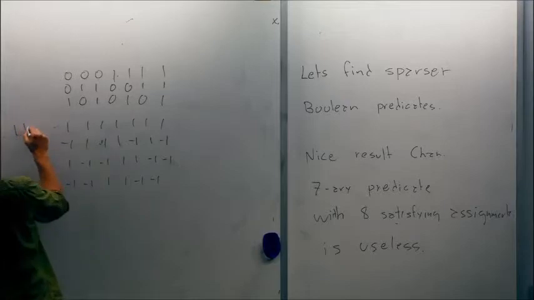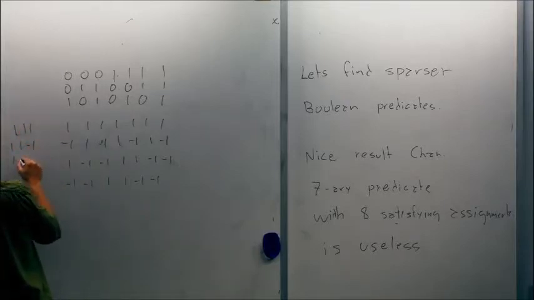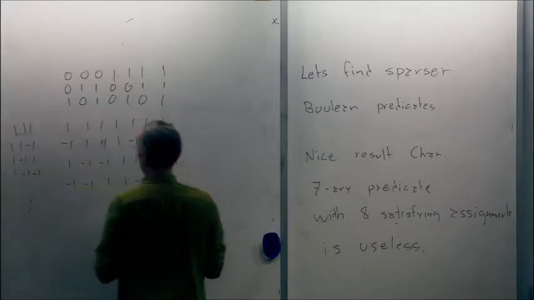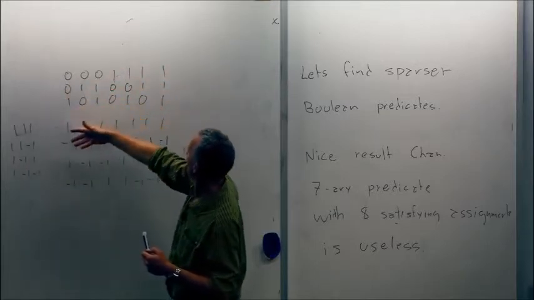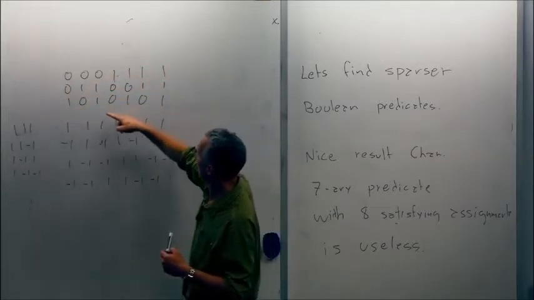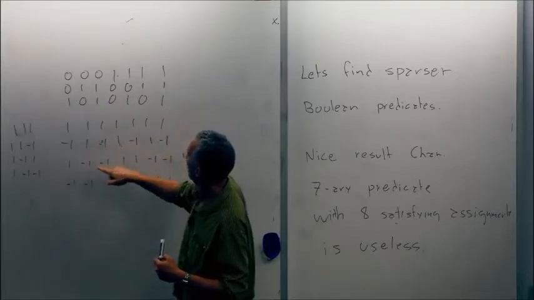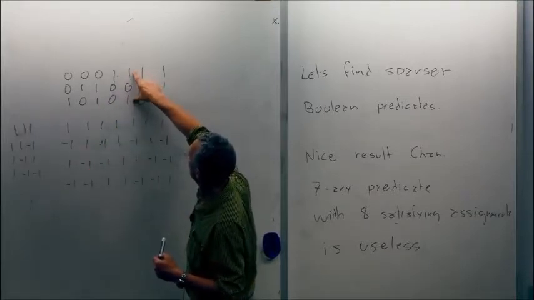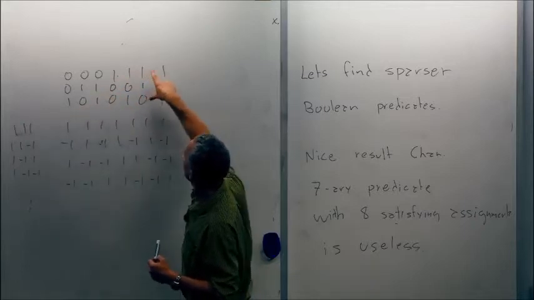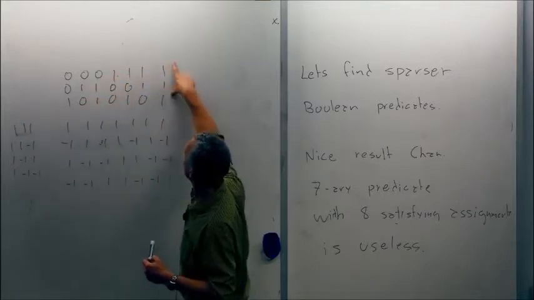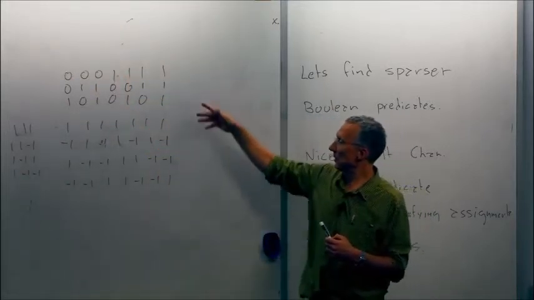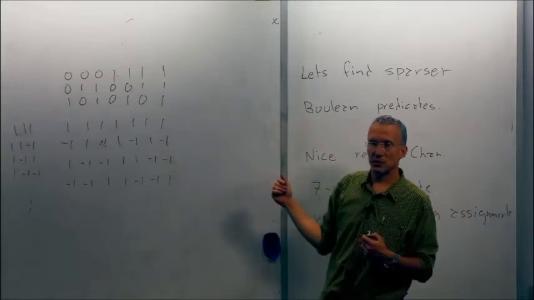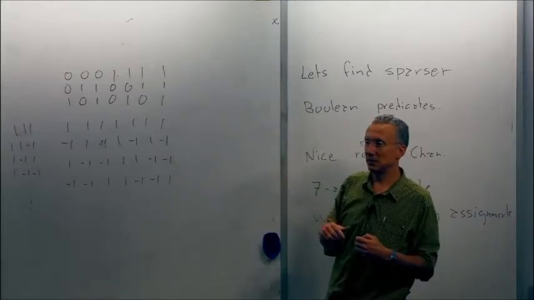This corresponds to 1, 1, 1, this corresponds to 1, minus 1, 1. These are the code words corresponding to inputs, these are the linear functions, and these are the evaluations. So this coordinate is always the XOR of these two coordinates. That's a new fresh bit, but then this is the XOR of this and this. This is the XOR of this and this and this, and this is the XOR of these three coordinates. That's the linear functions. So you get 8 inputs on 7 bits each, and this is a linear space and so forth.